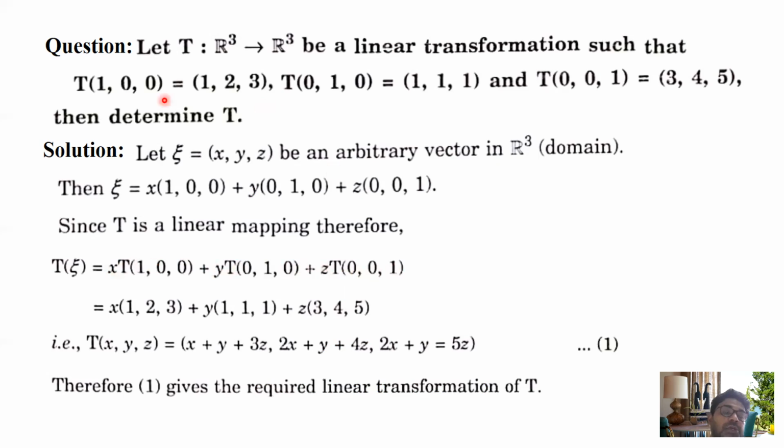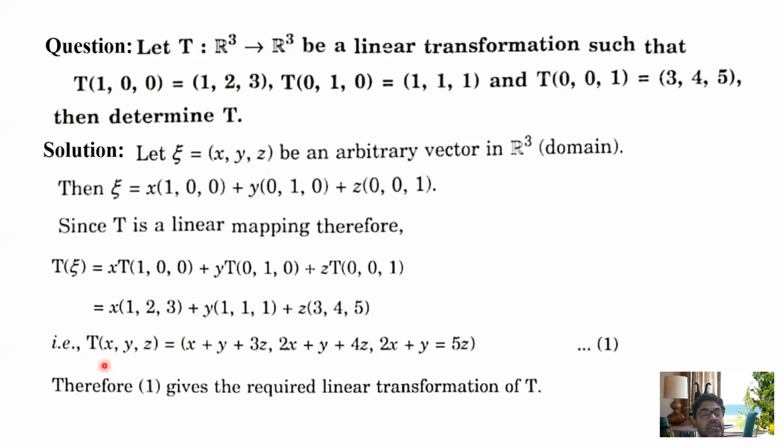From the given information, T(1,0,0) = (1,2,3), so x(1,2,3) plus y(1,1,1), because T(0,1,0) = (1,1,1). Similarly, T(0,0,1) = (3,4,5). If I add component wise, what we get is (x + y + 3z, 2x + y + 4z, 3x + y + 5z).